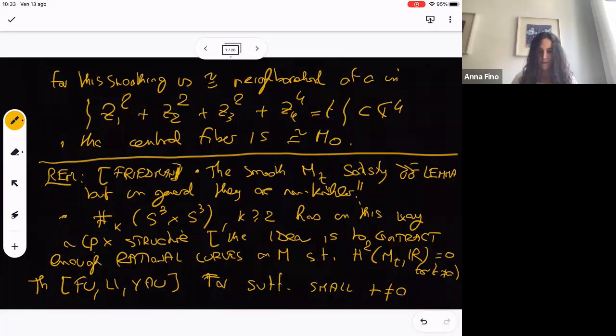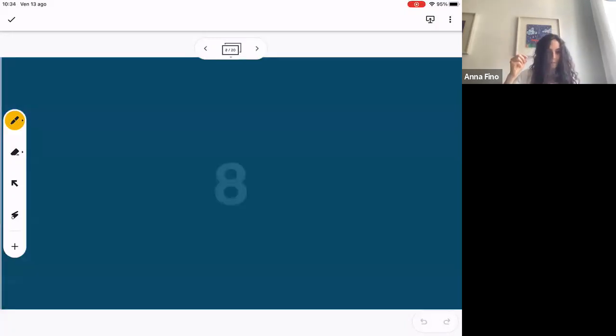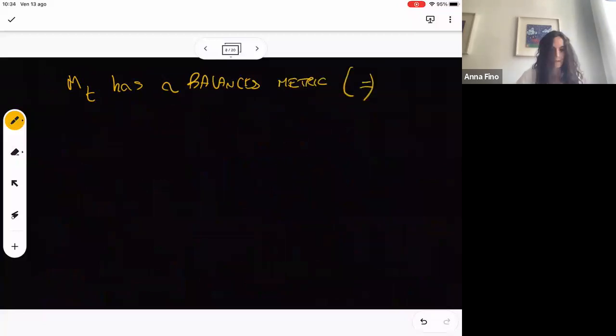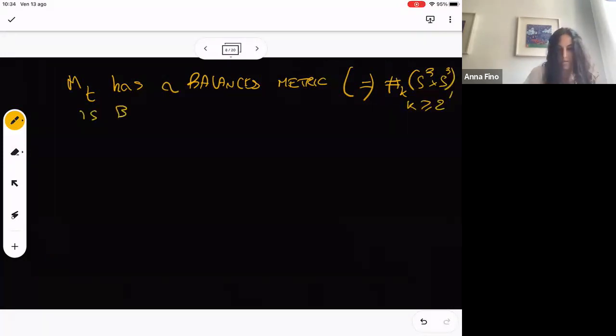So they show that for sufficiently small t, the new smooth manifold MT has a balanced metric. So in particular, the connected sum of S3 cross S3 with k bigger than or equal to 2 is balanced.